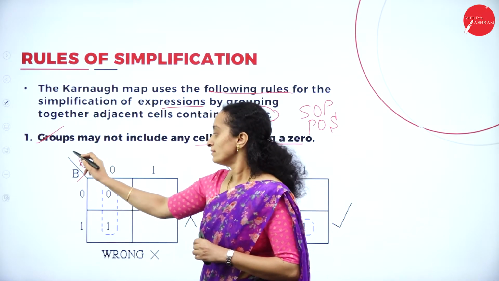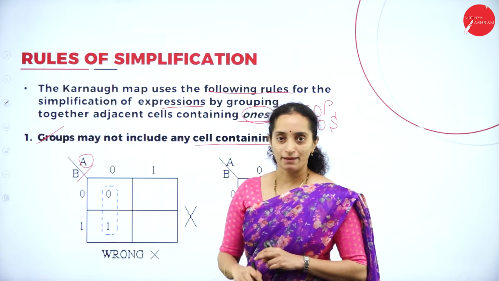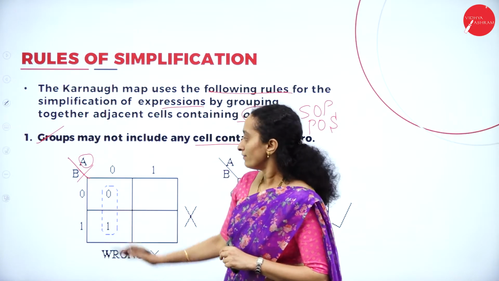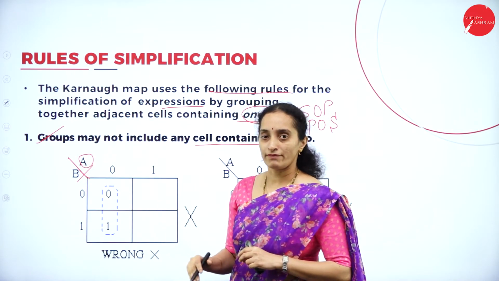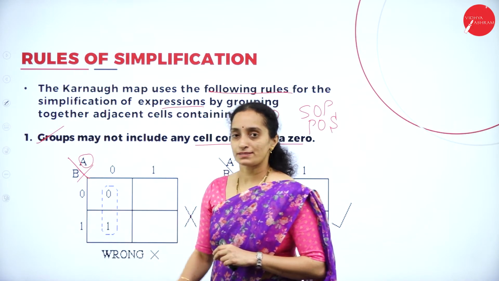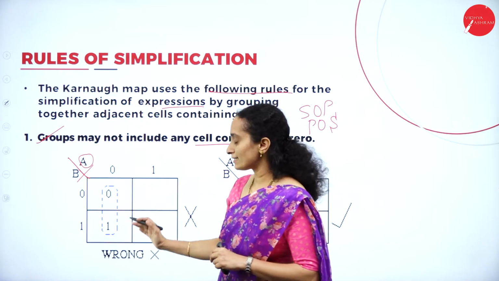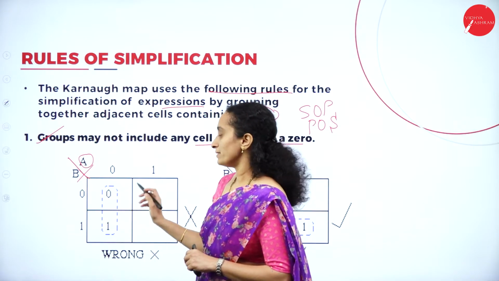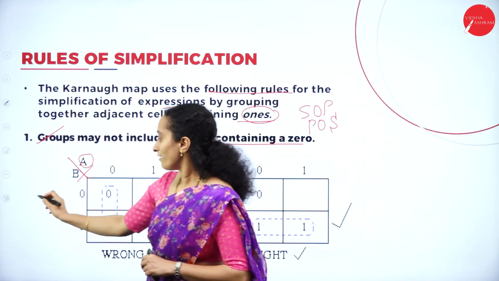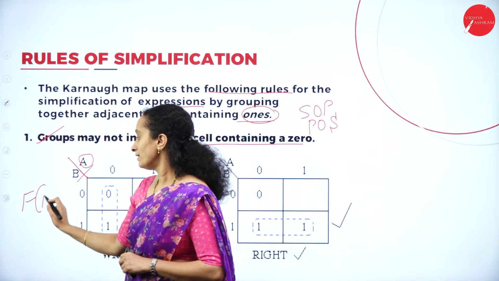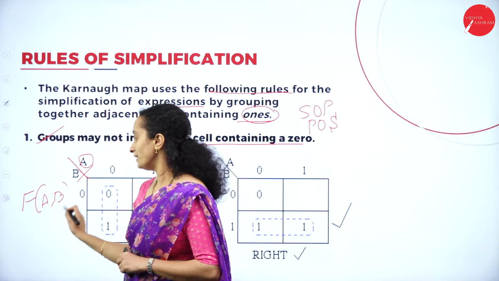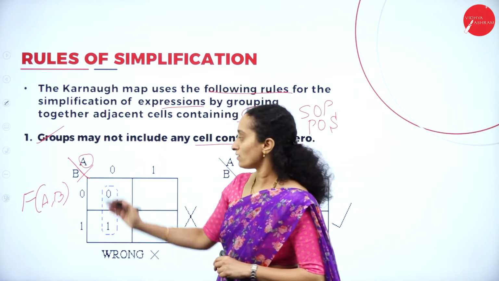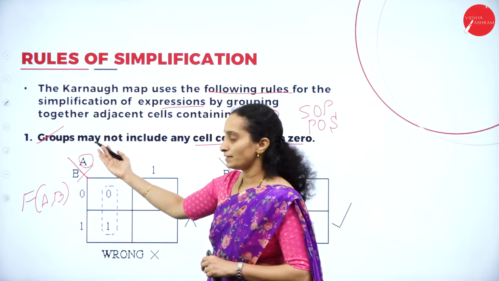Here we have a table separated by a line, where the row represents one variable and the column represents another variable. This is a form of matrix representation of the variables. If you have a function with variables A comma B, you can represent A and B like this, or you can invert it.